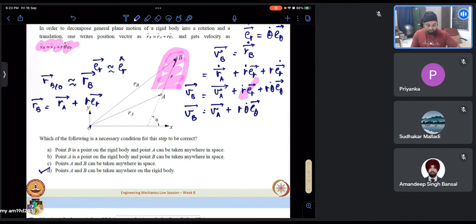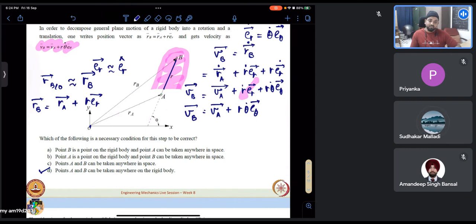As long as the rigid body domain is there, the distance is constant, is what we know. If there is no material in that space, then we cannot say anything about it, which is why the other options cannot be correct answers, which are necessary for this condition to hold. That is why these have to be taken necessarily on the rigid body.